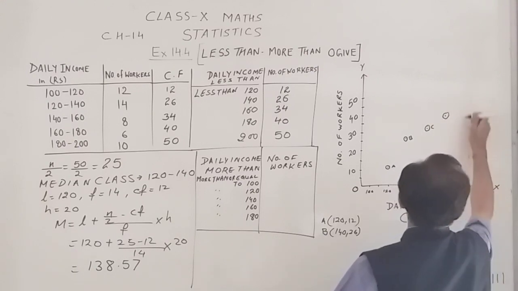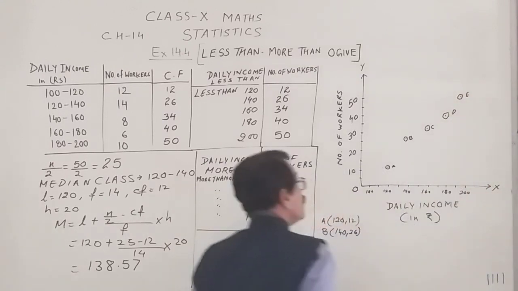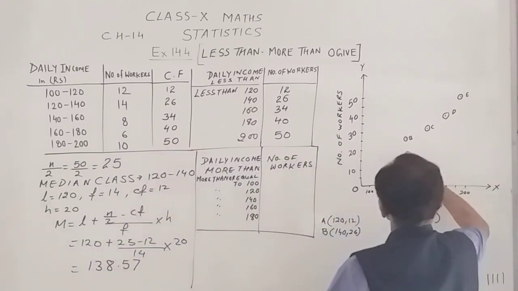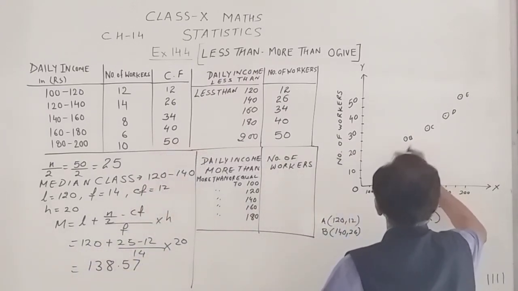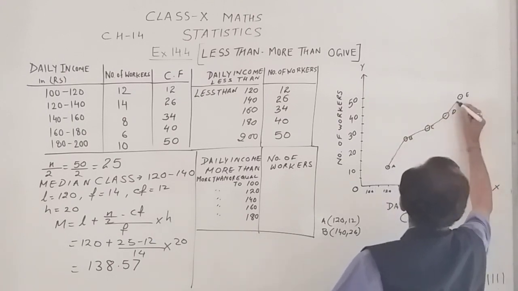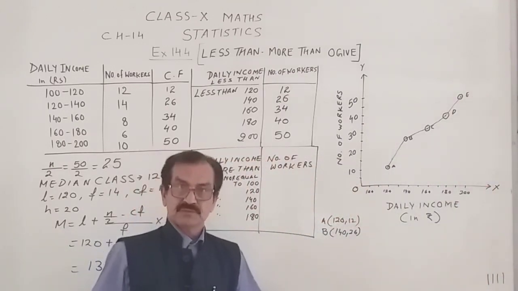And 250. And now we will join these points by freehand. This is your less than type ogive.